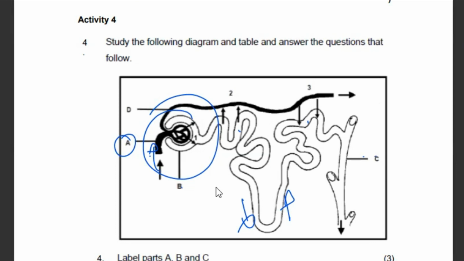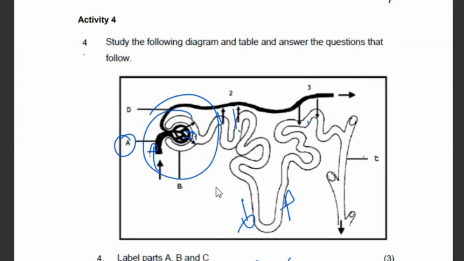And then, identify the process that happens in 1, 2, 3. 1, where's 1? Yeah, this is ultrafiltration. Yes. And then 2 is reabsorption. It is selective reabsorption.